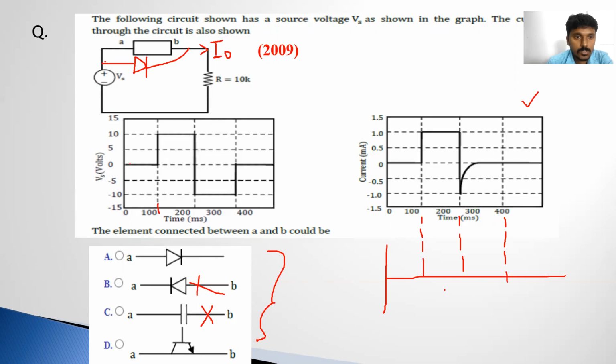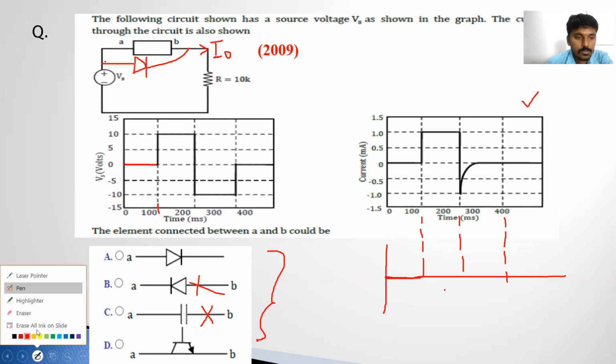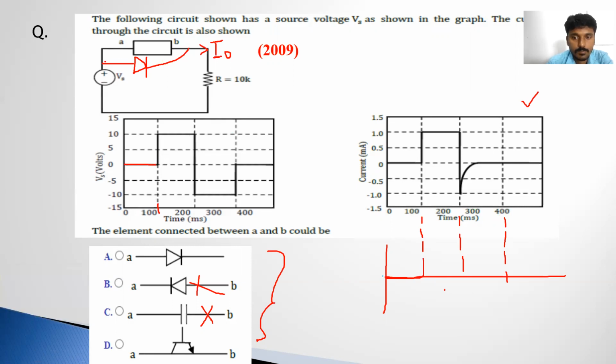So during 0 to 100 milliseconds, Vs is 0. Supply voltage 0 means no voltage is applied to the diode, so the current is also 0. Current is also not flowing. Clear?